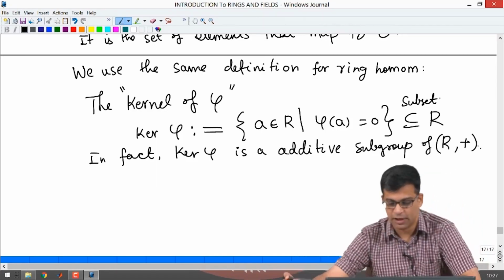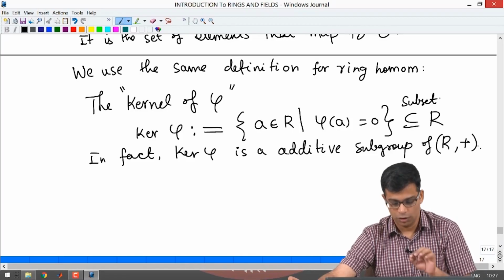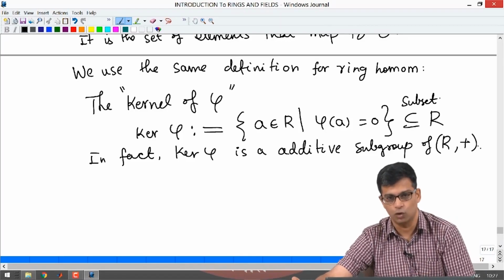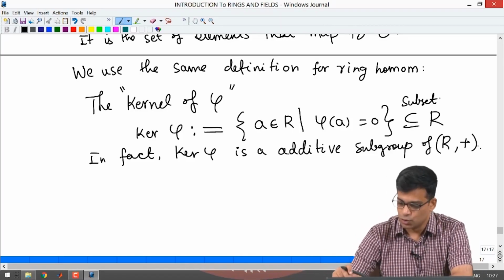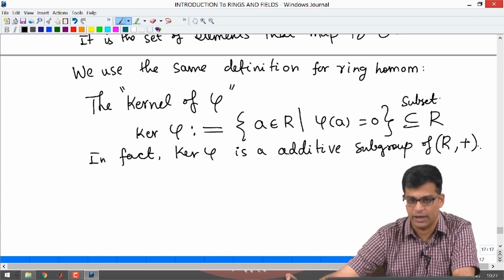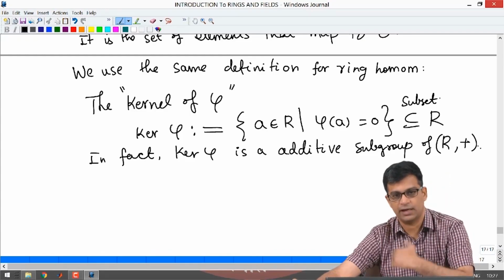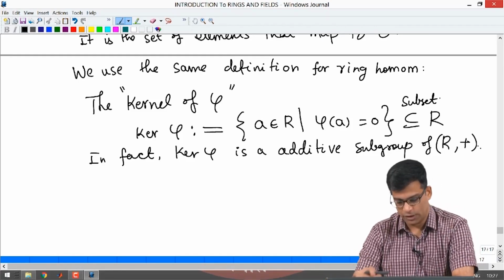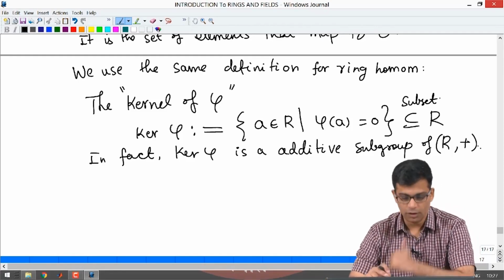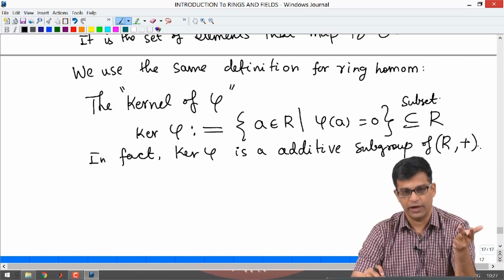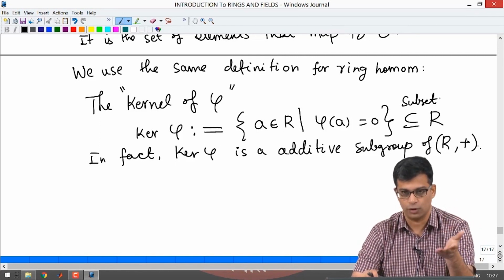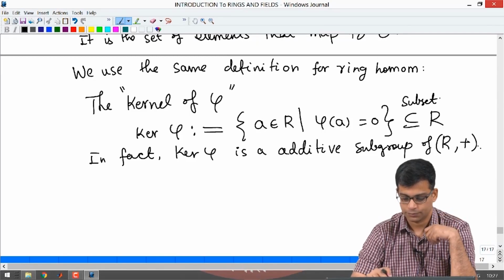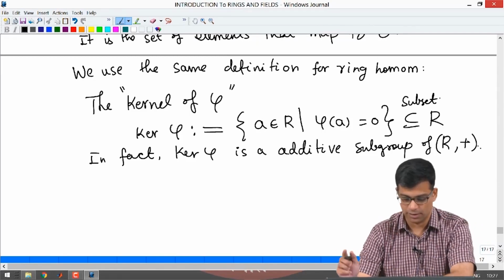When I write R comma plus, I am insisting that I am looking at R as an additive group, forgetting the multiplication. This is exactly what we have done in group theory. So, 0 is in the kernel is the first point. If A and B are in the kernel, A plus B is in the kernel, which follows from the definition. If A is in the kernel, minus A is in the kernel.